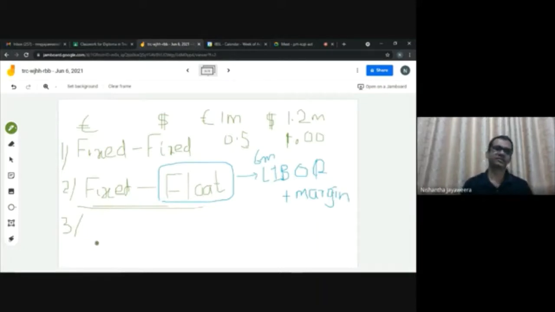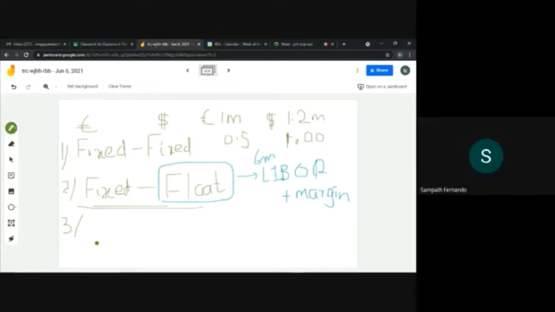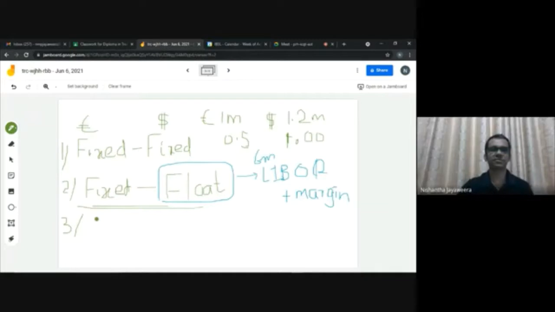What is the third one? What could be the other possibility? Floating. Both are at a floating rate. Then you link the euro interest rate to Euribor or something like that, while the dollar interest rate is linked to LIBOR or something like that.